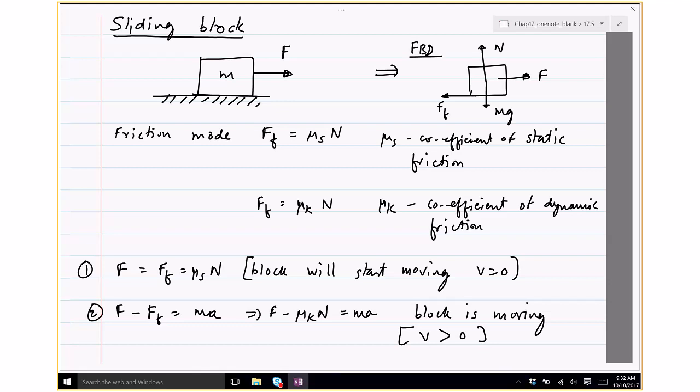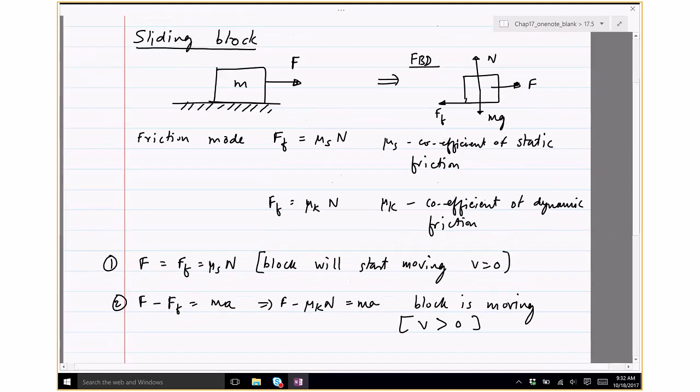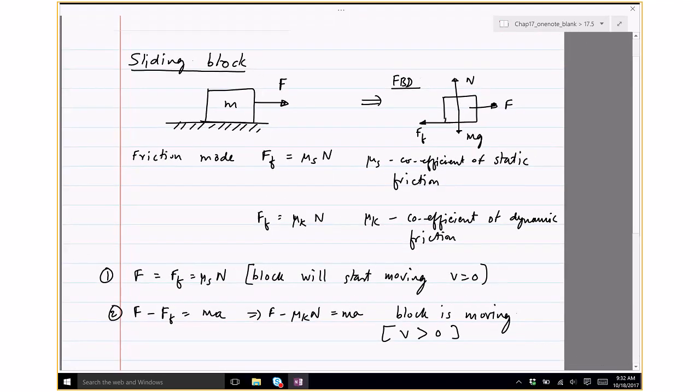Now you could also have a case where there is a circular disk and the circular disk is spinning. That also is subject to friction forces. So next thing I'm going to talk about is the rolling versus slipping of a wheel.